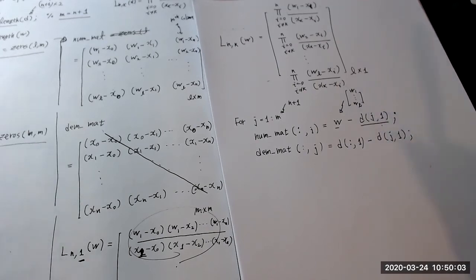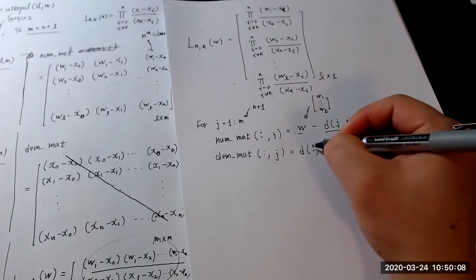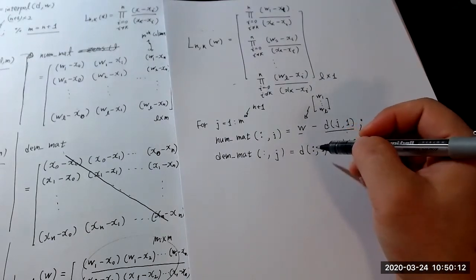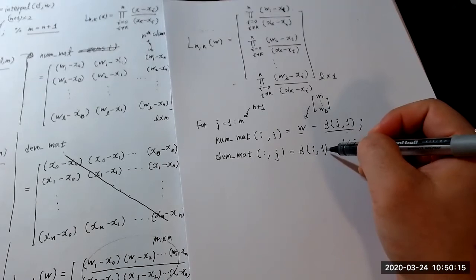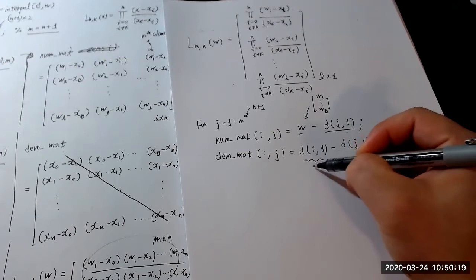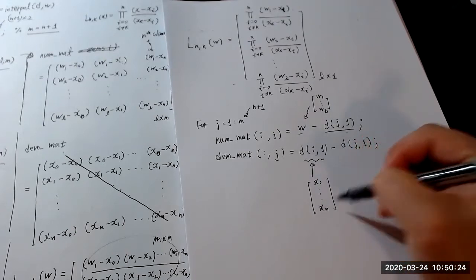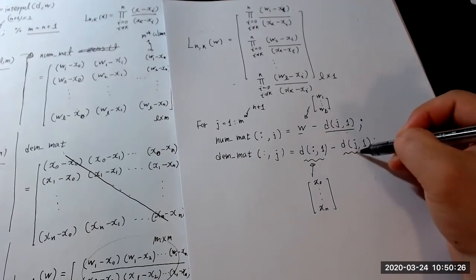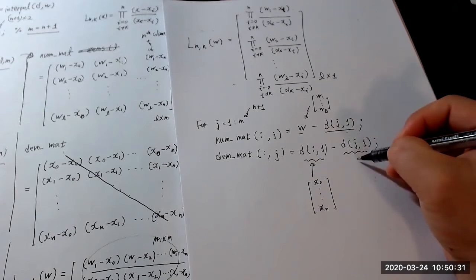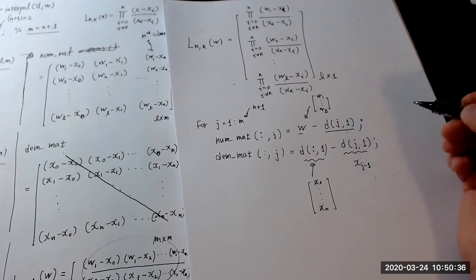So you see D of colon comma 1, that means all of the nodes. This one means x0 through xn, and this one means xj minus 1.